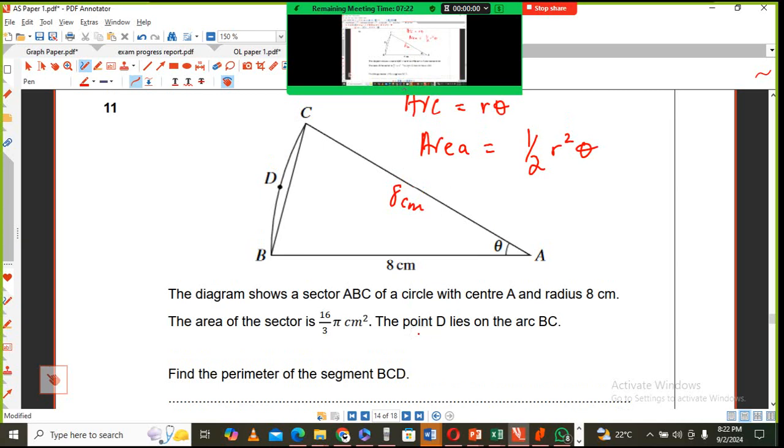You know the area formula of a triangle. It says the area is half times 8 times 8 times the sine of the angle, is equal to the area. The area here is 16 over 3 pi.